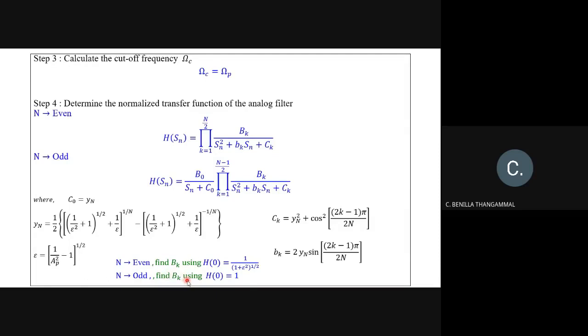So by getting your c0, ck, bk, and then your capital Bk, you'll be able to get step 4, that is your H(s), which is nothing but your normalized transfer function. Now step 5 is to determine your unnormalized transfer function H(s) by choosing the appropriate type of filter.